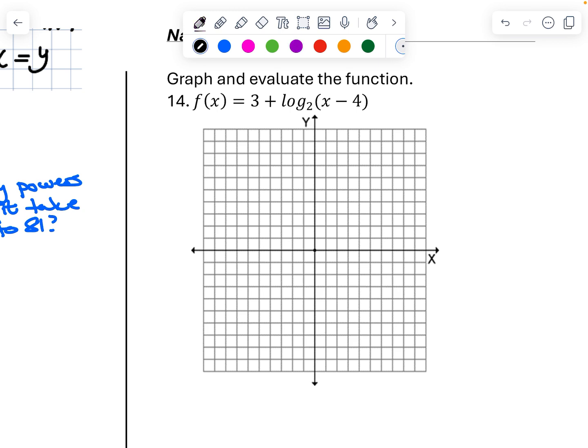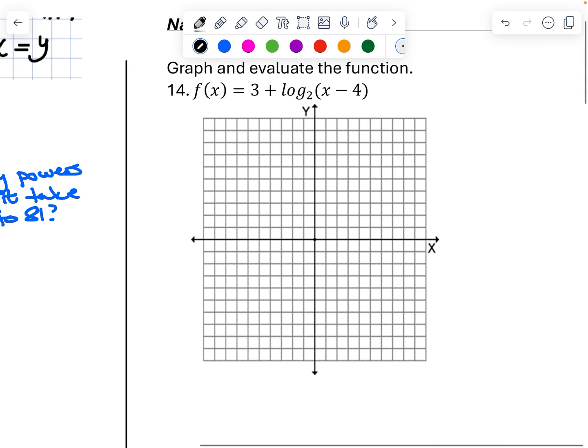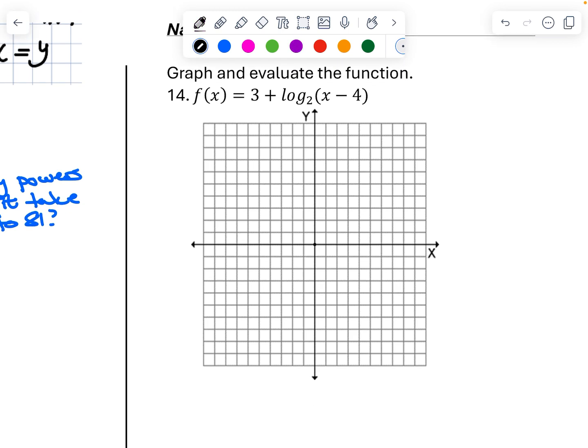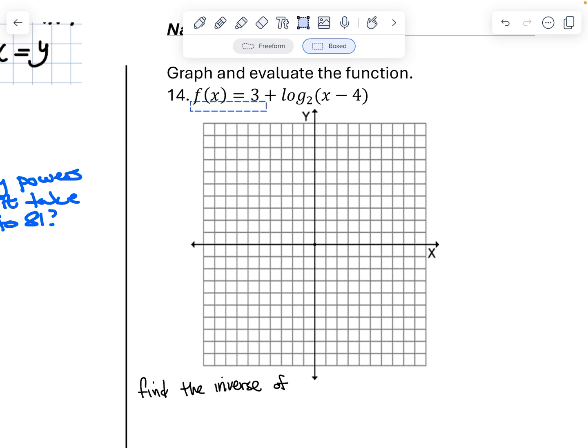So we are going to find the inverse of f of x. We're going to find the inverse of this.